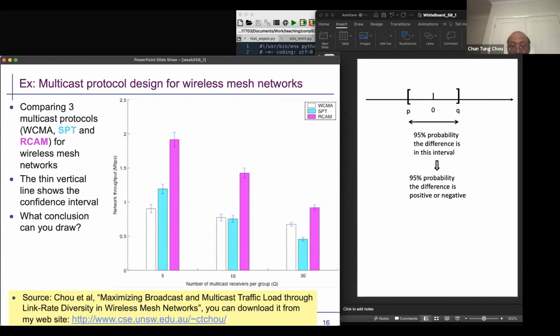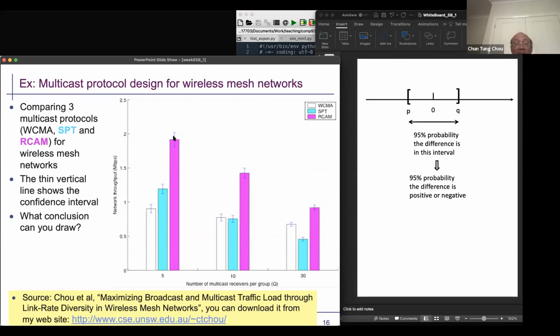The names of the protocols do not matter. For one test setting, what I'm showing you is the network throughput. The height of the bar is the mean throughput for the RCAM protocol.